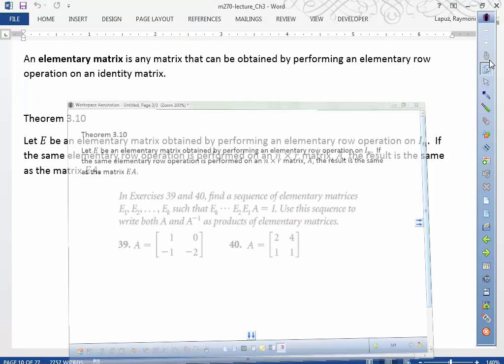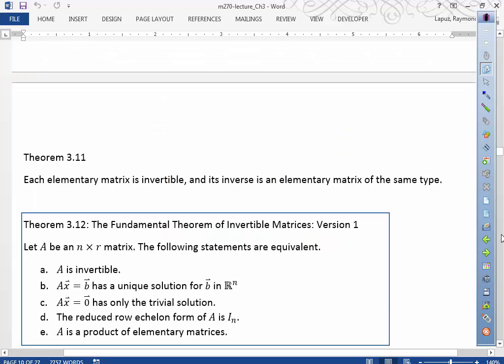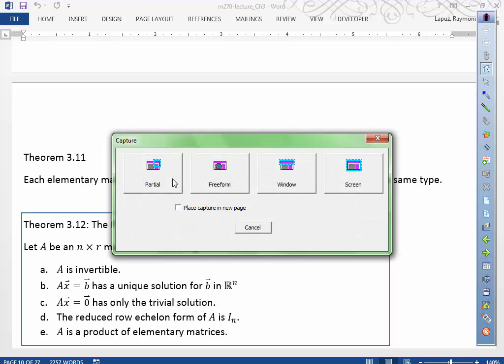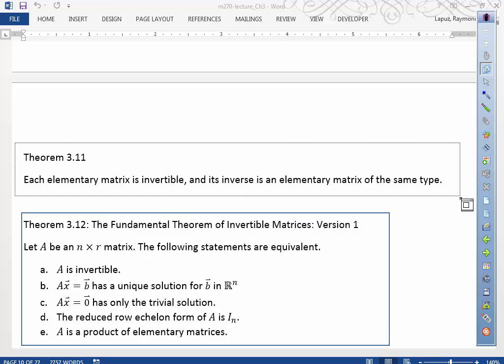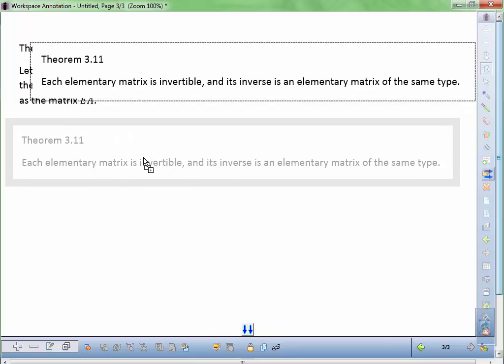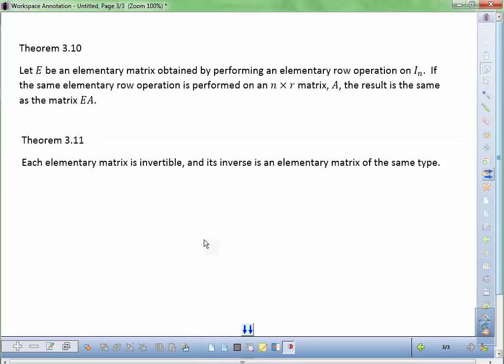All right, let's take a look at the inverse of these matrices. Each elementary matrix is invertible, and its inverse is an elementary matrix of the same type.